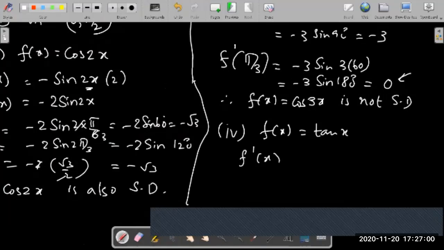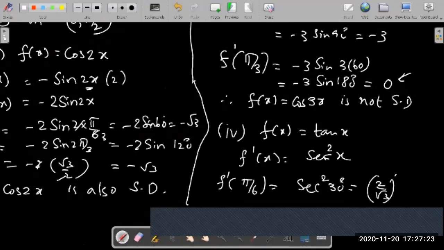F dash x equal to secant squared x. The moment you get a square, it's positive. Anyway, we'll try f dash pi by 6, which is 30 degrees. That means secant squared 30 degrees. Secant 30 is 1 by cos 30, and cos 30 is root 3 by 2. So 2 by root 3 whole squared, that's 4 by 3.